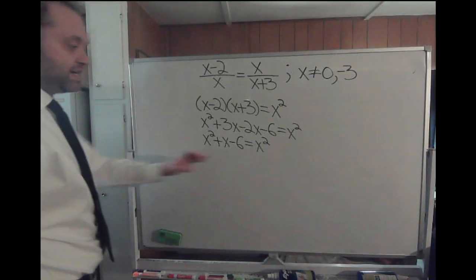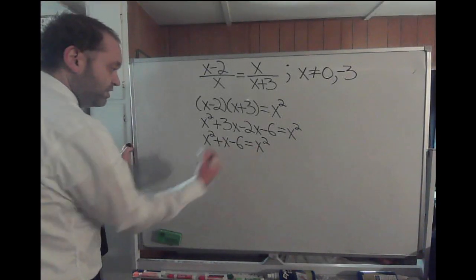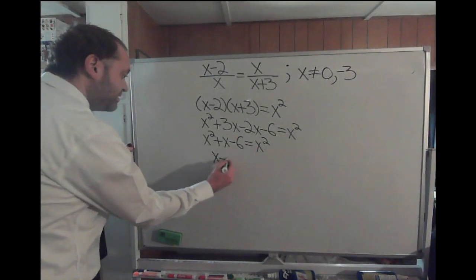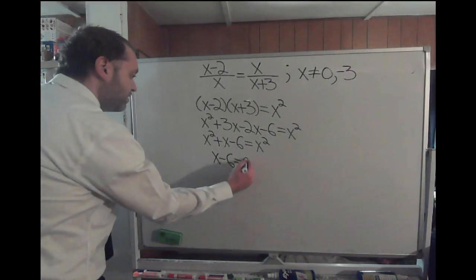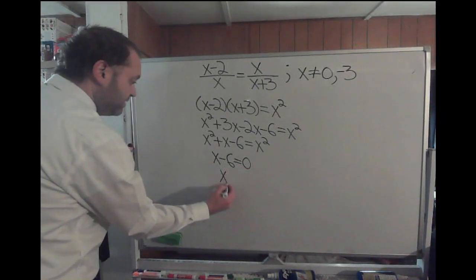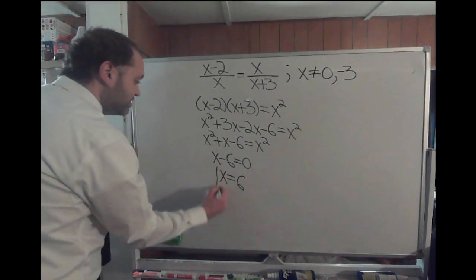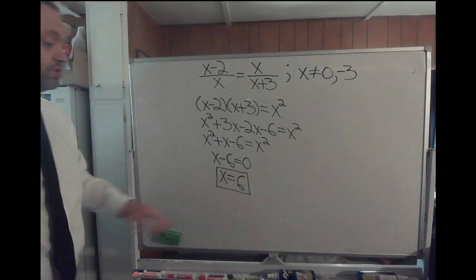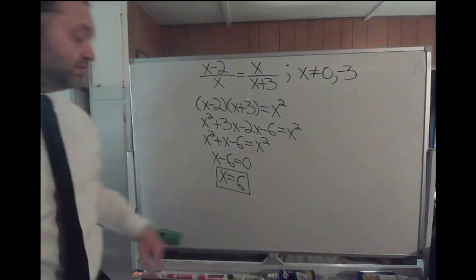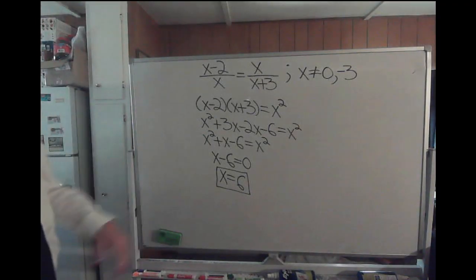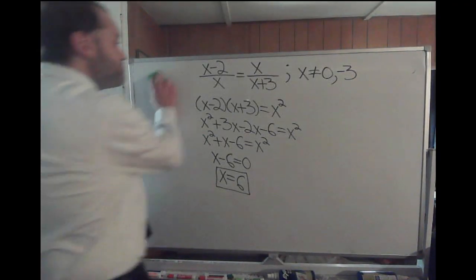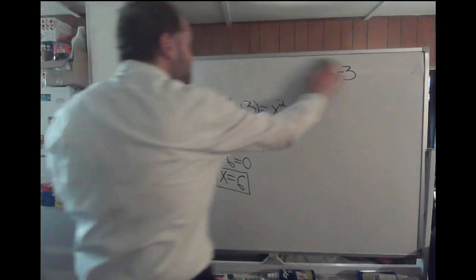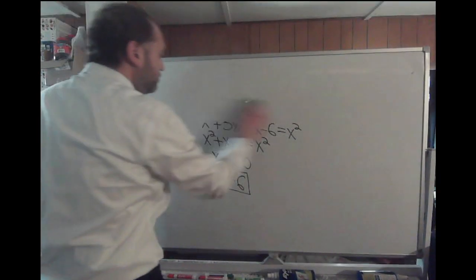Well, you can subtract x squared from both sides to get rid of the quadratic term. You just end up with x minus 6 is equal to 0, which would then give you that x equals 6, which is the only solution in this case. And 6 is not a restricted solution, so your solution to this is x equals 6. But I think it's good to do some of these quadratic ones so we don't lose touch with quadratic equations.